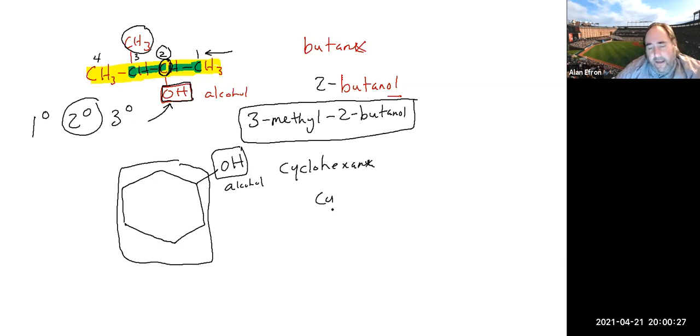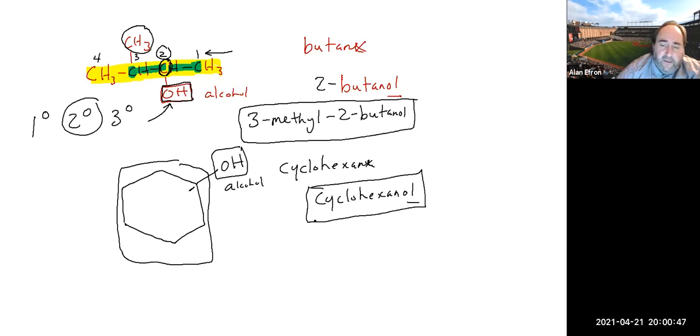This then becomes cyclohexanol. No need to name or number the OH group here, because wherever that OH group is in the ring, it's assumed to be carbon number 1. So in this case, you would not need to give the location of where that is because it's assumed to be carbon number 1. Any questions on that there?